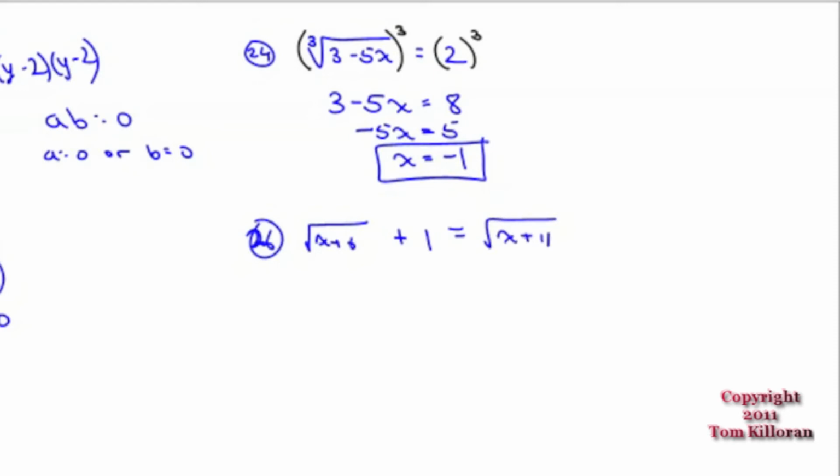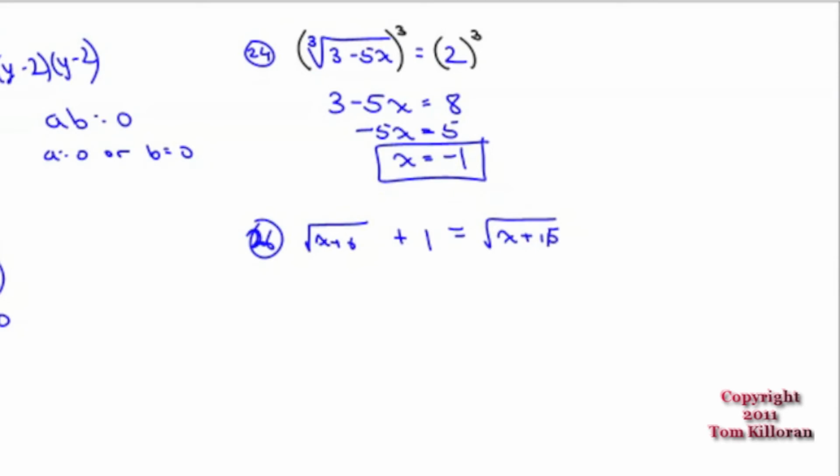Probably the better way of writing this problem would be to write it as 1 plus the square root of x plus 6. So you don't get confused about that 1 being on the inside or on the outside. So that's probably a very poor way of writing it. Go for it. It's 15. I don't know why I wrote 11. No idea. 15.